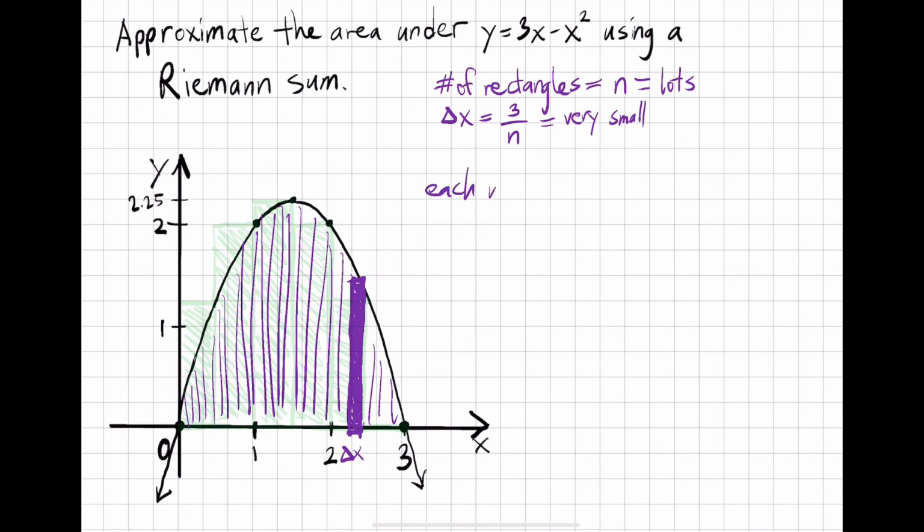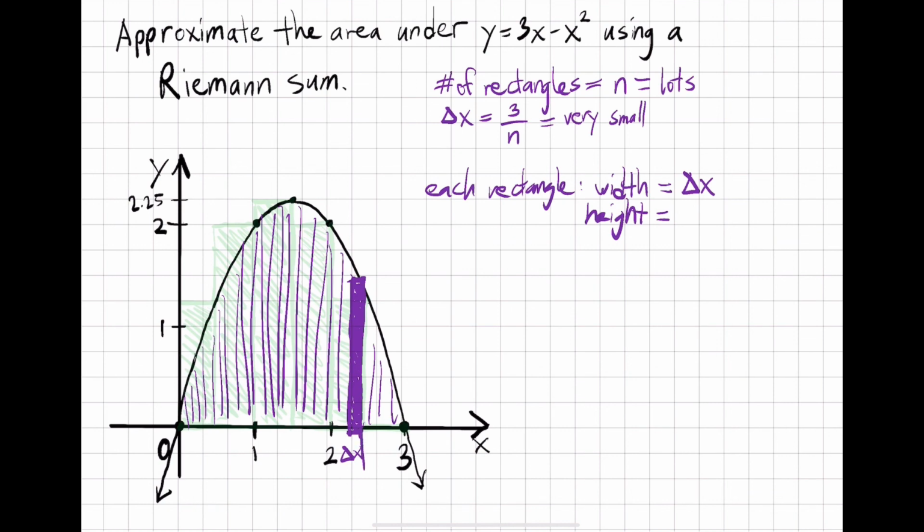Each rectangle, well, the width is still going to be delta x, whatever that happens to be. The height is obtained by taking the x-coordinate associated with that rectangle.